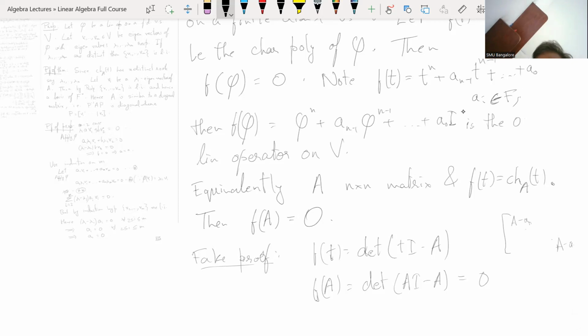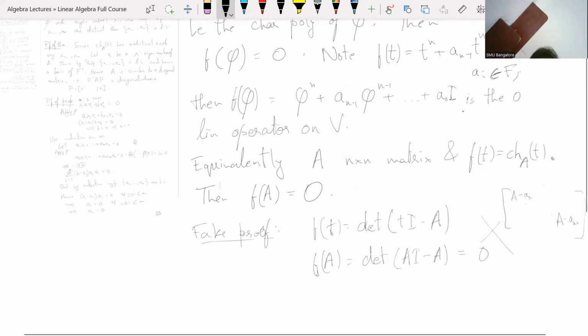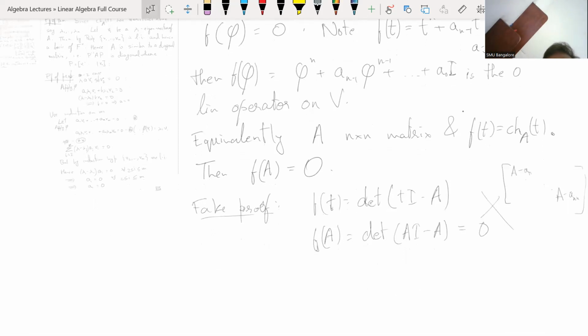That doesn't make sense. That's why it is not really a proof. It's some symbolic manipulation. So we'll have to actually do some work. It's not trivial. Let's see a proof. If you plug in A and then try to calculate the determinant, you have lost the matrix.